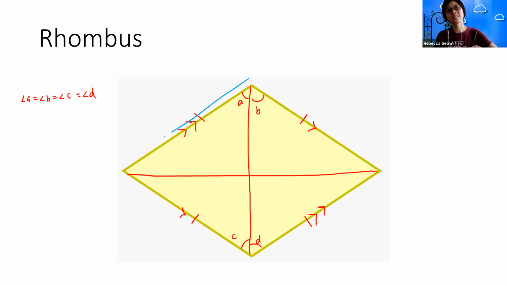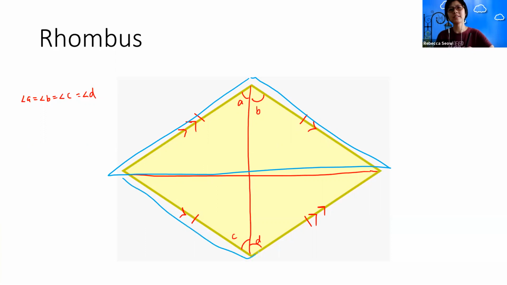Let me just draw it out for you. This is an isosceles triangle, one. And we have another isosceles triangle over here. Now, because of this, the angles E, F, G, H are the same.